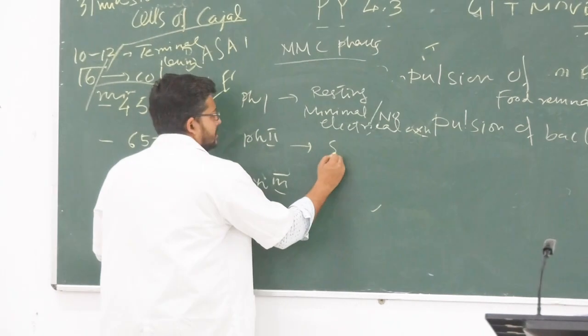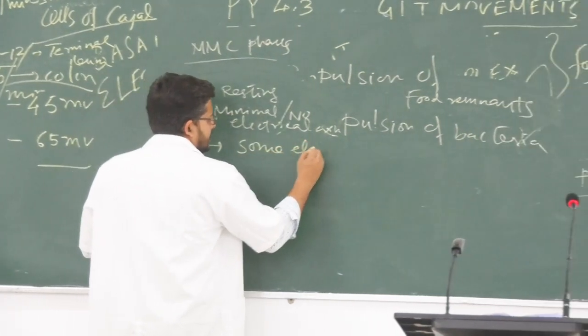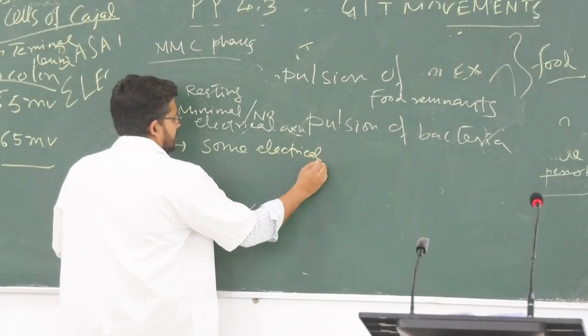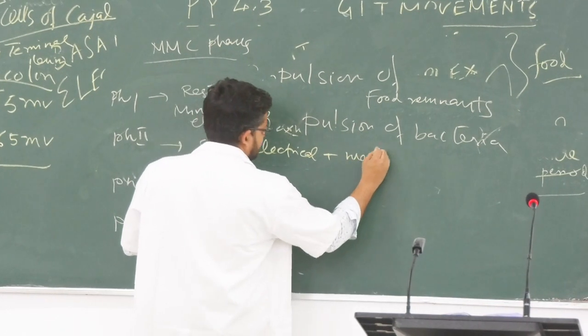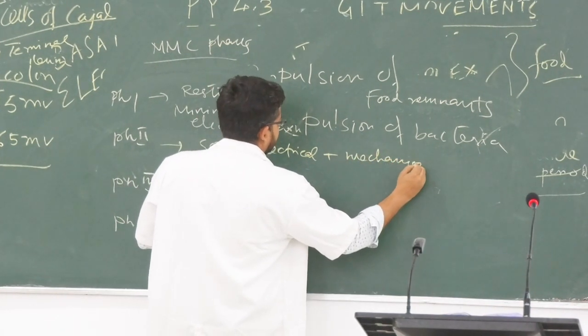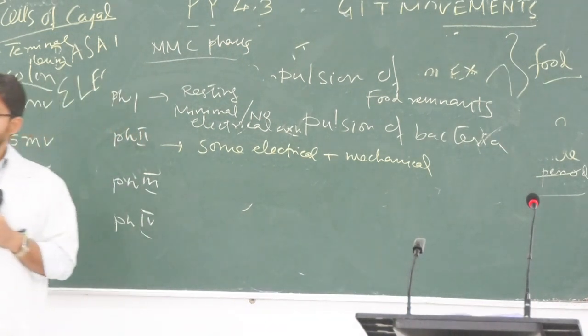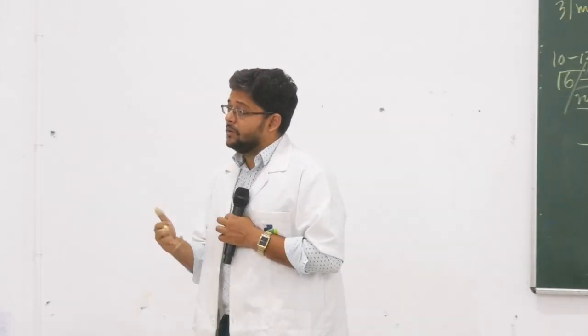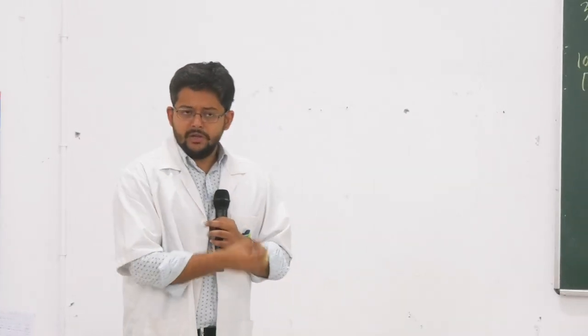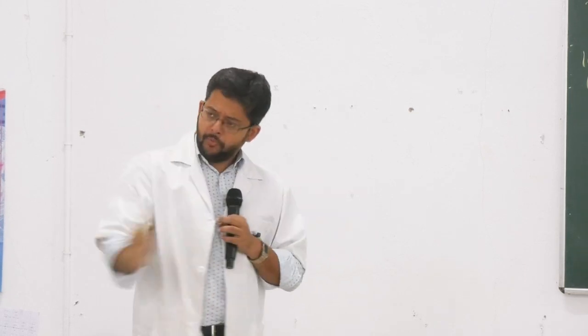Phase 2, some electrical plus mechanical activity. Mechanical activity means intestine contraction is happening, intestinal movement is happening, and debris movement from point A to point B is happening at this time.